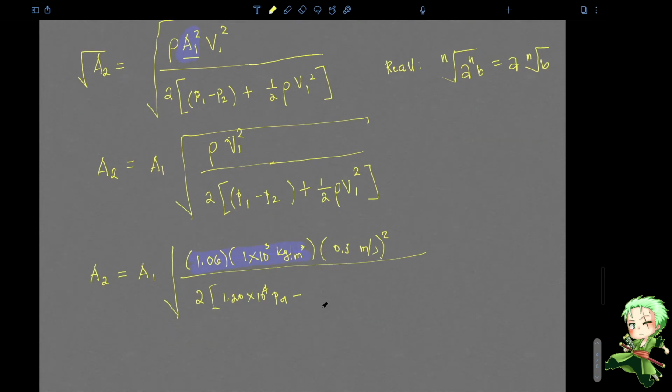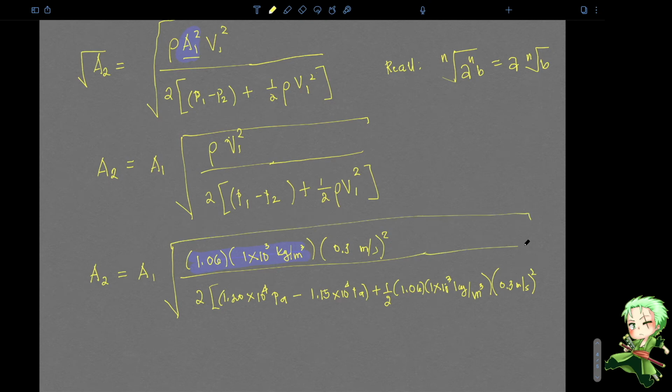We have corrected that one, so we will just put 1.15 times 10 to the 4 pascals, plus 1/2 of rho, which is 1.06 times 10 to the 3 kilograms per cubic meter, multiplied by V1 squared, which is 0.3 meters per second, then you square that one. Everything in this term is under the radical sign.